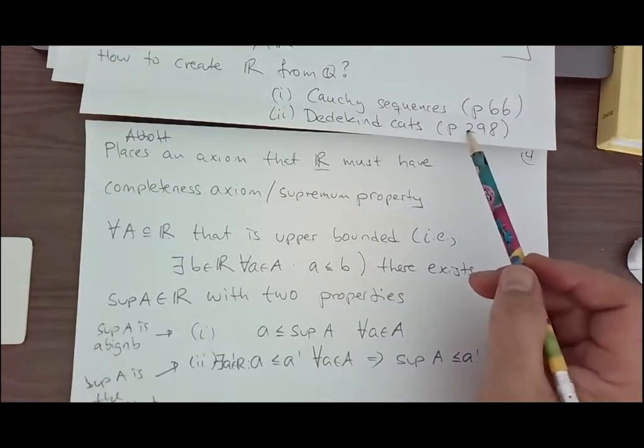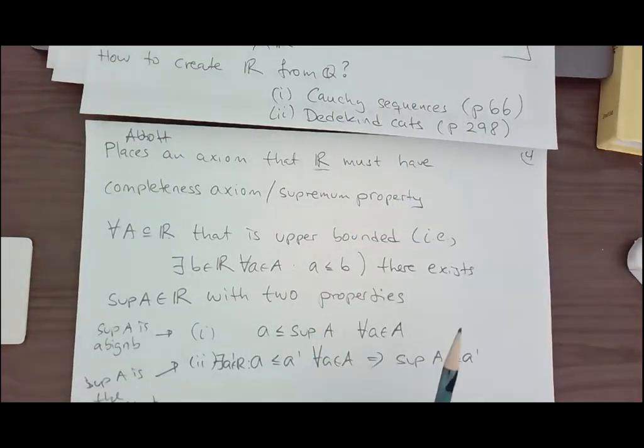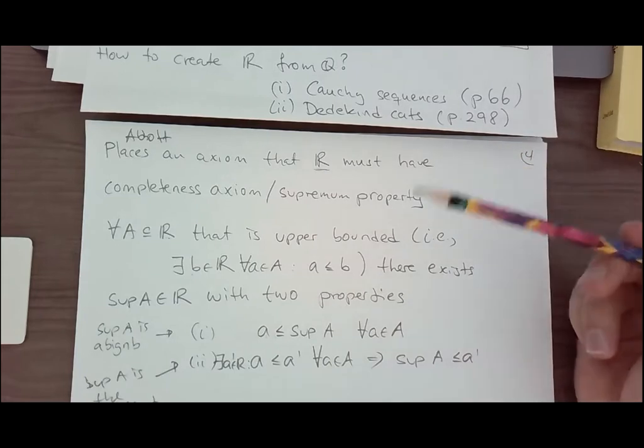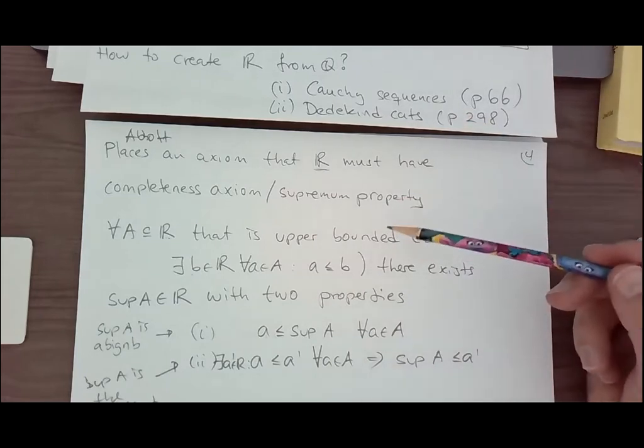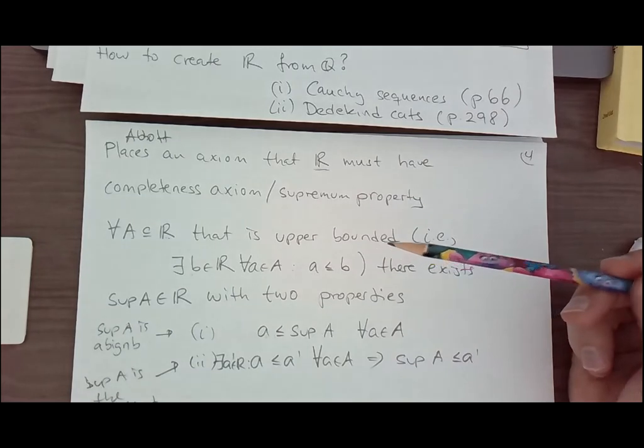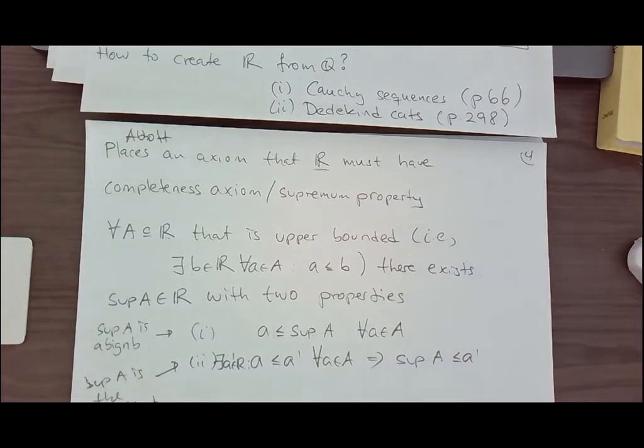So when you go to page 298, all the way to the end of the textbook, whatever construction they have there with these cuts that you're talking about, it should be a consequence of that you have this axiom. So what I had in mind for today was that we're going to be looking at some examples.